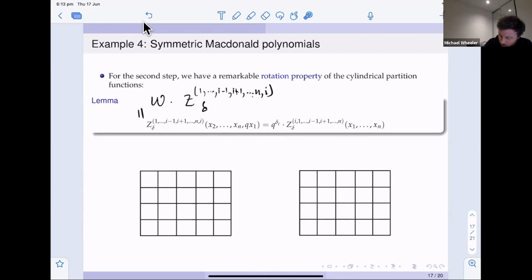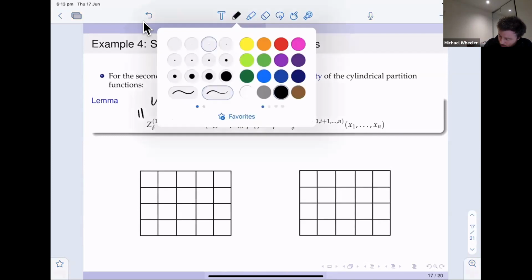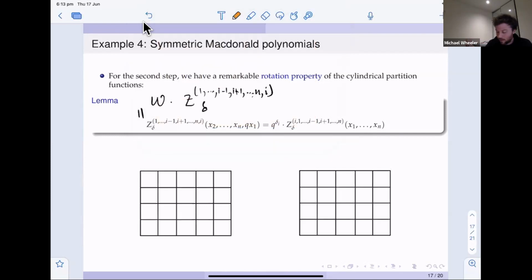So let's just do an explicit example. So let's assume that i in this case is equal to 3. So I'll have a 3 at the top. And the other ones should be ordered. So this will be a 4. This will be a 2. And this will be a 1.